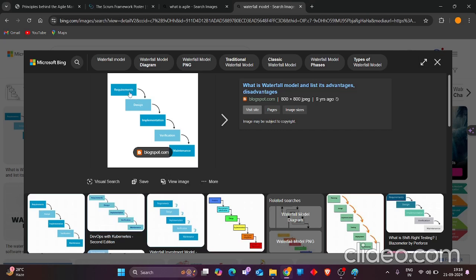But after one process, they could not go back to the first process again.